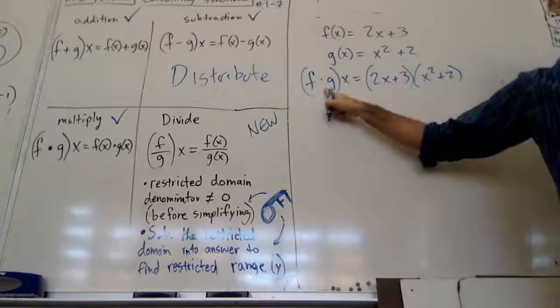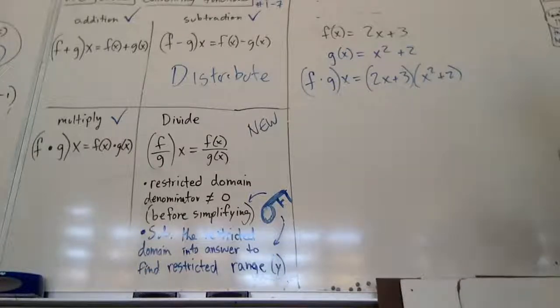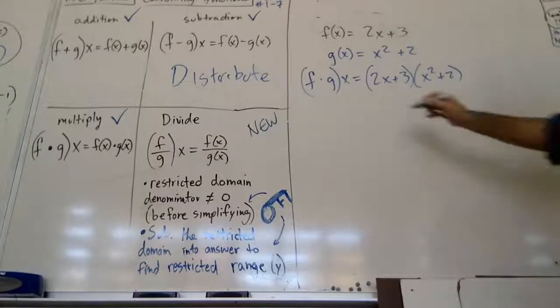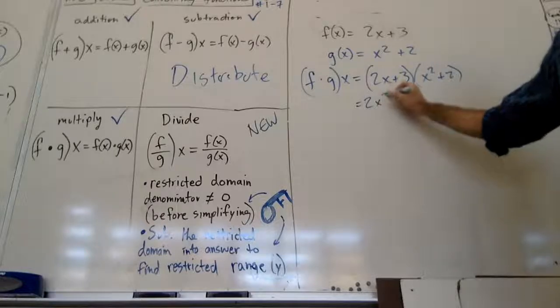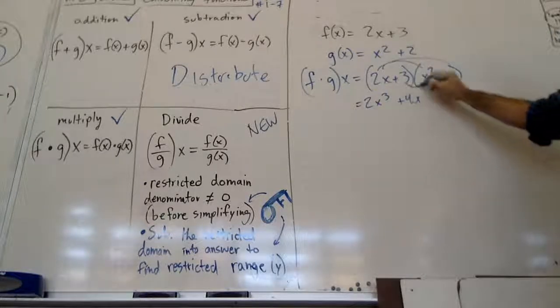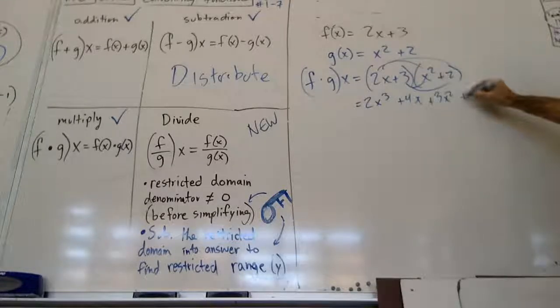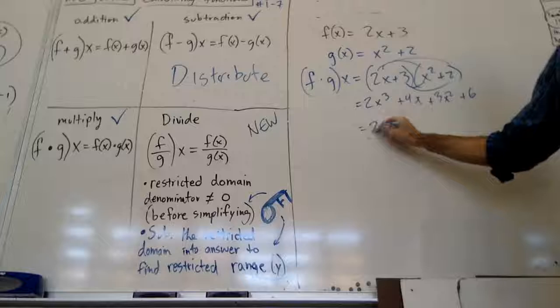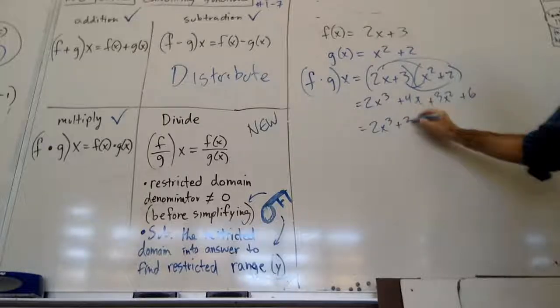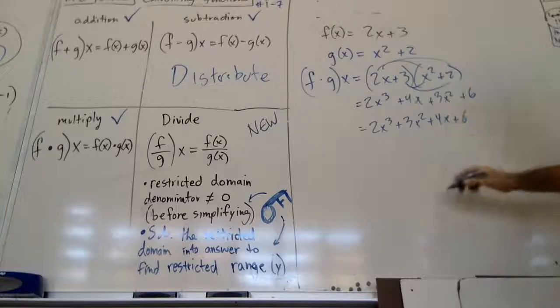That's what that notation means: f times g of x. So let's see what we get. 2x to the third first. Outer plus 4x. Inner plus 3x squared. Last plus 6. Put in descending order, always left to right, and we got it.